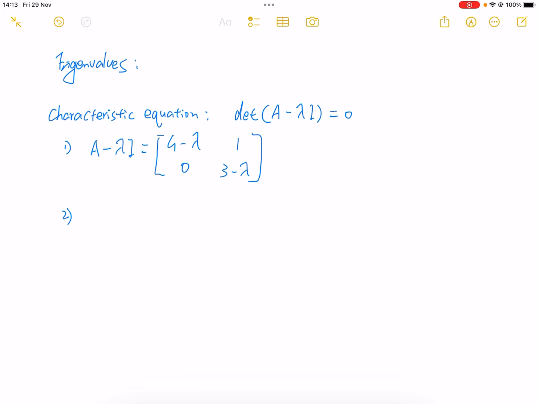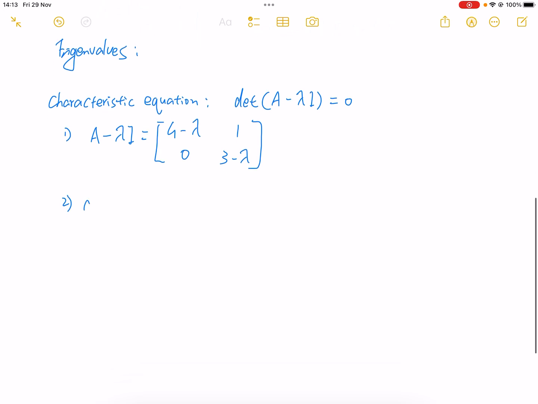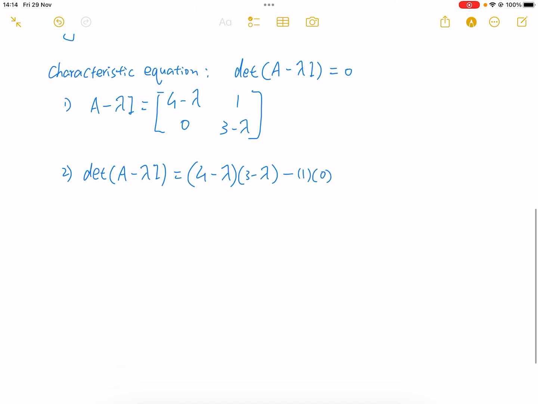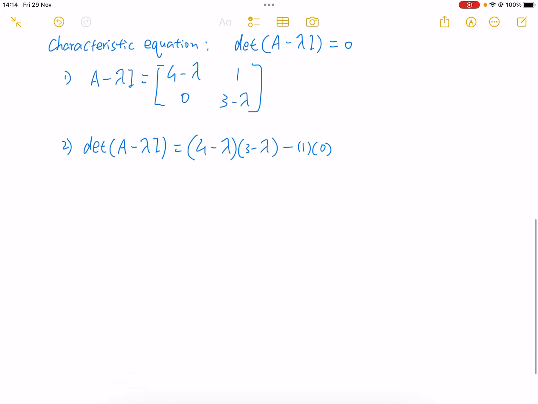Next, calculate the determinant: 4 minus lambda times 3 minus lambda, minus 1 times 0. We'll get 4 minus lambda times 3 minus lambda.